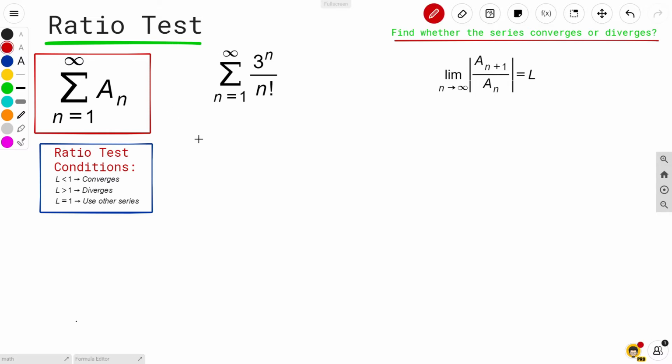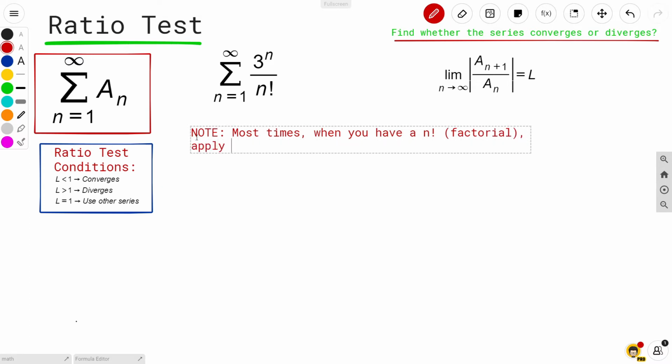I know to use the ratio test because I have a factorial, and most times when you have an n factorial, you apply the ratio test. And not just n factorial, but any n term to a factorial power, you apply the ratio test.